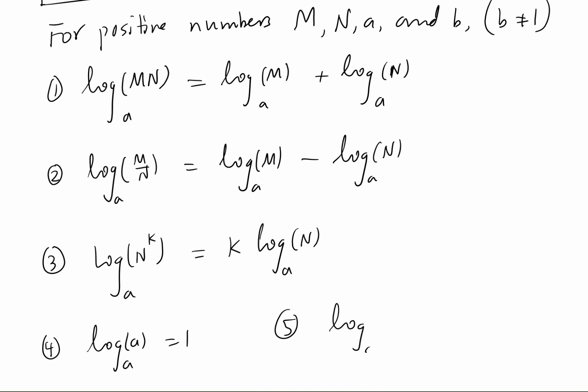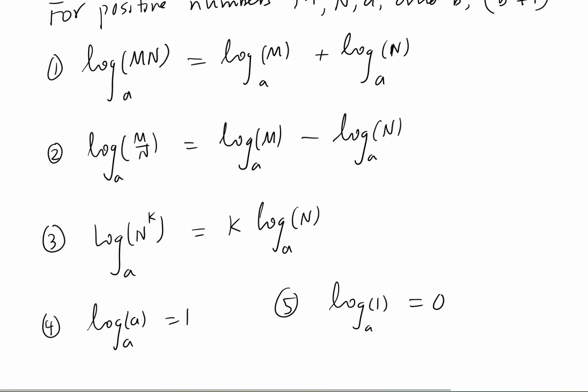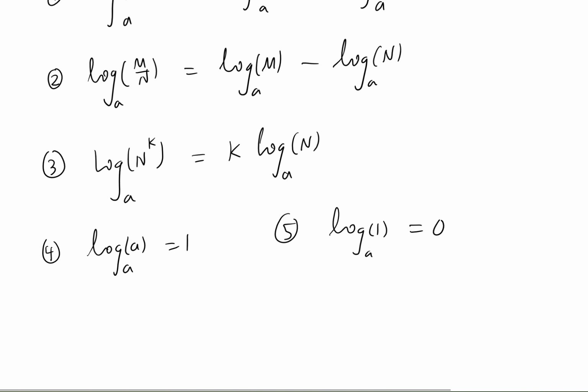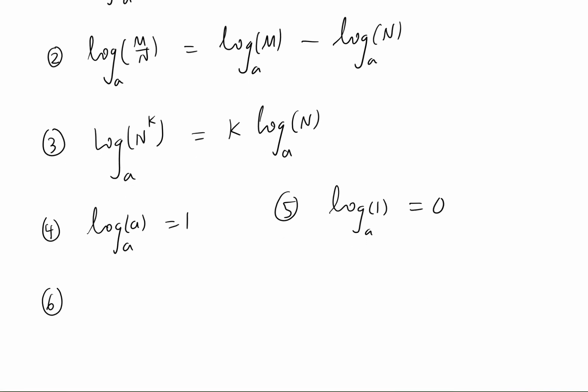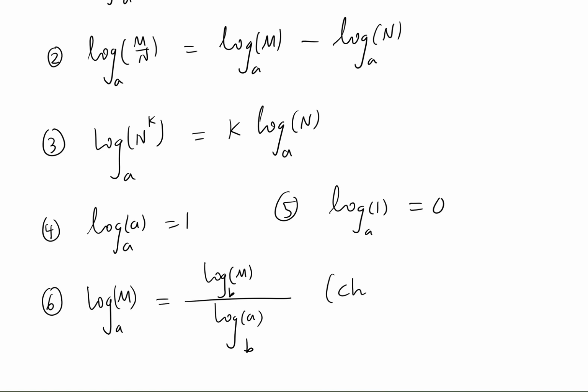Log 1 base a is 0. And the last one we call the change of base formula. If you have log m base a and you'd like to change to base b, you do log the top base b over log the bottom base b. This is called change of base.